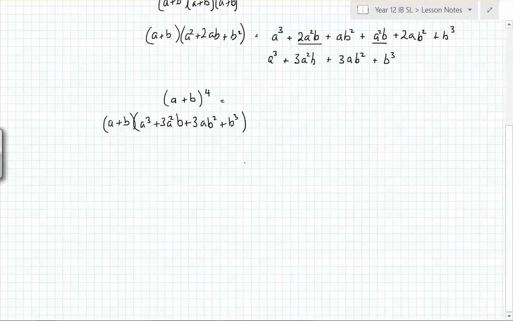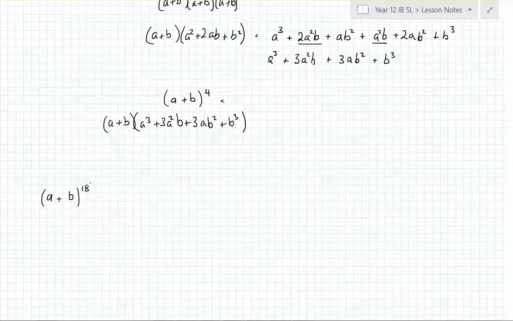Because for instance, if I now said to you, I want to know what A plus B to the power of 18 is, you would have to do it in this method: it's power 4, work it out, it's power 5, work it out, it's power 6, and so on. We don't want to have to do that. So what we're looking for is a pattern.